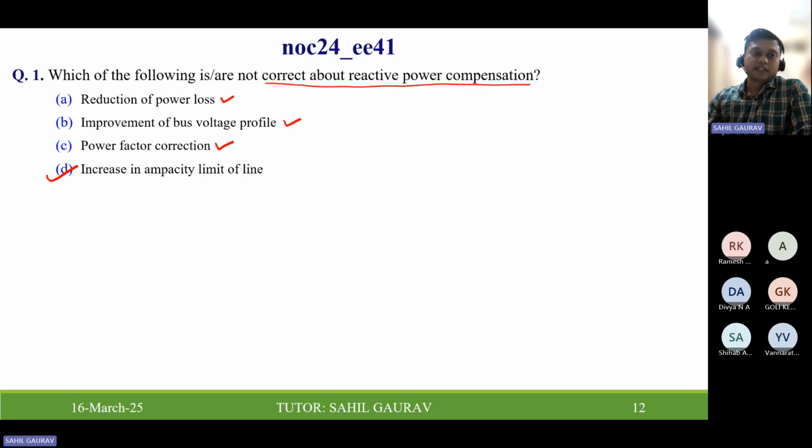So it does not mean that it is increasing or reducing the ampacity limit of the line, because the ampacity limit of the line is an internal characteristic of the line, not due to reactive power compensation. When you are selecting the line, you are defining its limit. What should be the maximum current allowed through it? So the D option is correct.